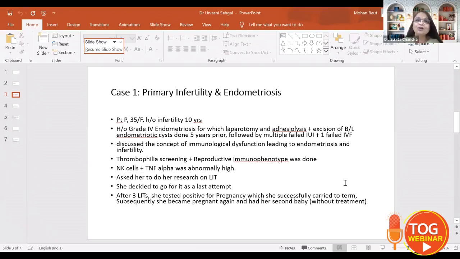But those were normal conceptions without any treatment. And the worst part was that she developed cardiomyopathy in her second pregnancy. And that was again because of the immunological aspect of this endometriosis. So she could never continue a third pregnancy because of that cardiomyopathy. So endometriosis is really, really important if we think about immunological status, if we think about the immunology of endometriosis.